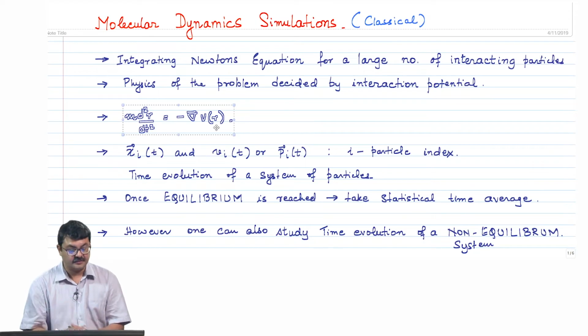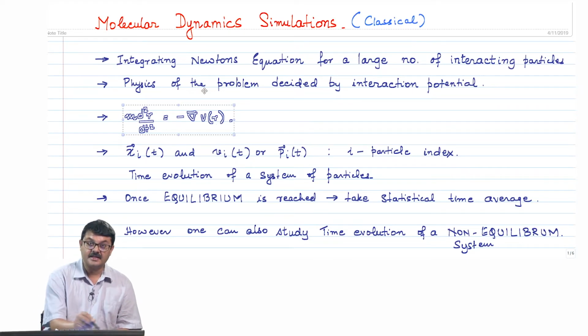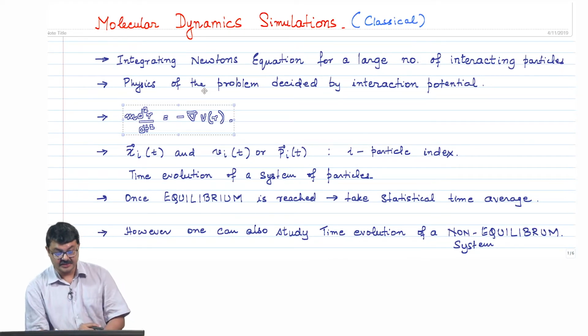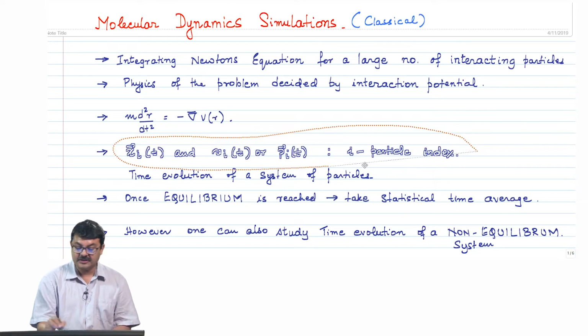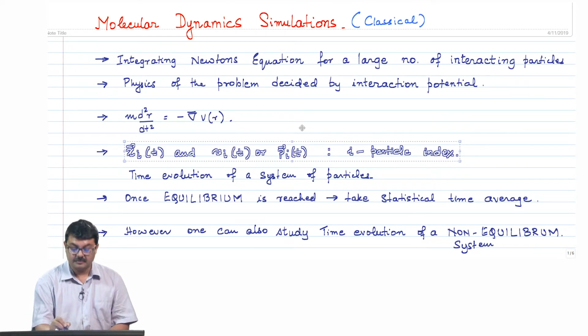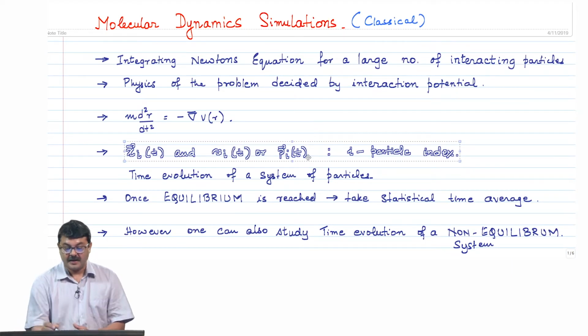You choose different potentials depending upon the physics of the problem, and on solving this second order differential equation, you essentially get positions and velocities, or positions or momenta as a function of time. Here i is the particle index.